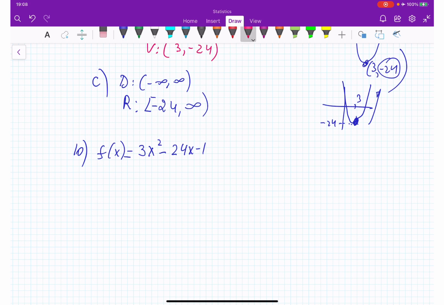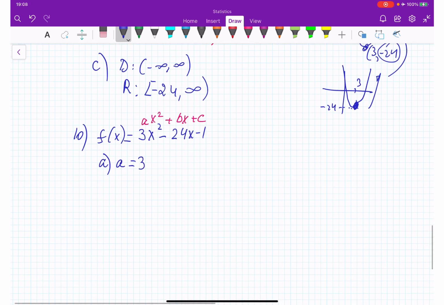So this is again ax squared plus bx plus c. So the vertex, since a is positive, right? A is equal to 3 and it's positive, hence a is greater than 0.